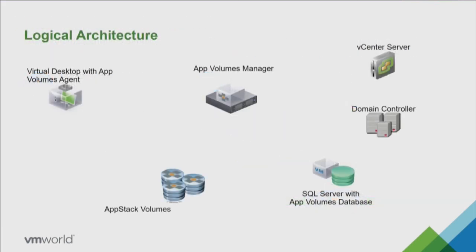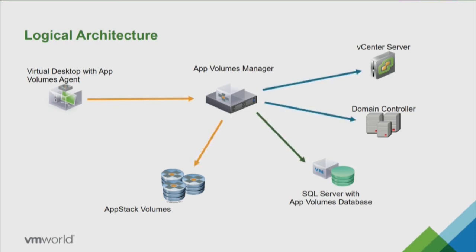All right, so how does this all fit together? Well, on the left, you have the user's endpoint VM with the App Volumes agent. When they log on, it talks to an App Volumes Manager server. That App Volumes Manager server has a database that it refers to, to define what app stack disks it should connect to that system. It also talks to Active Directory to find out what groups and OUs that user account is in, to figure out if there are any assignments based on that.